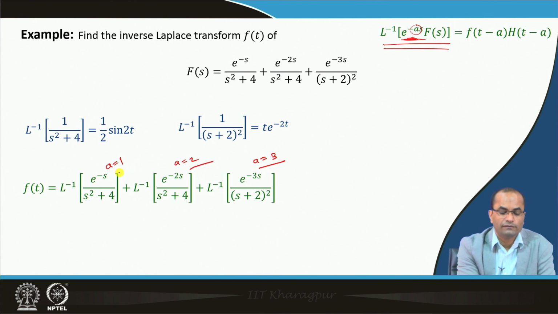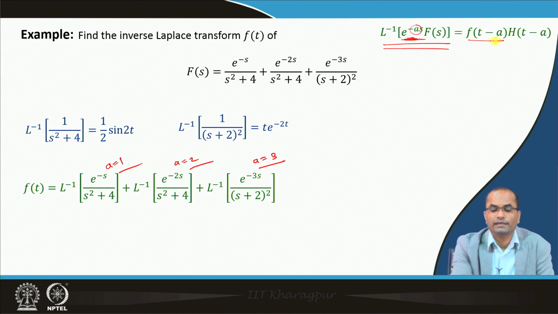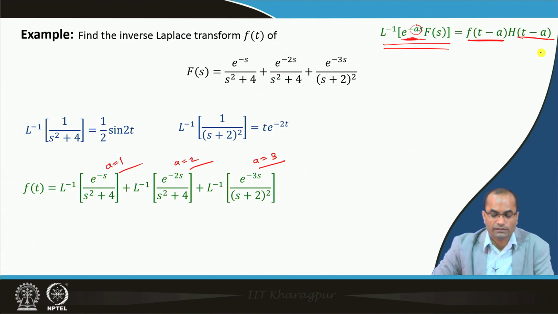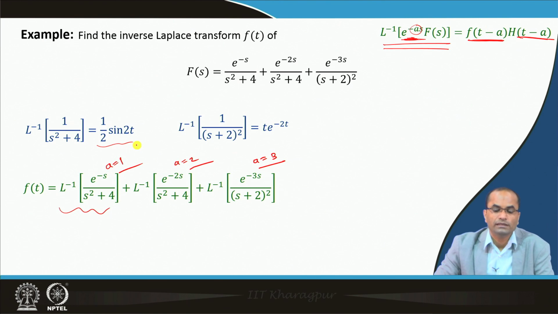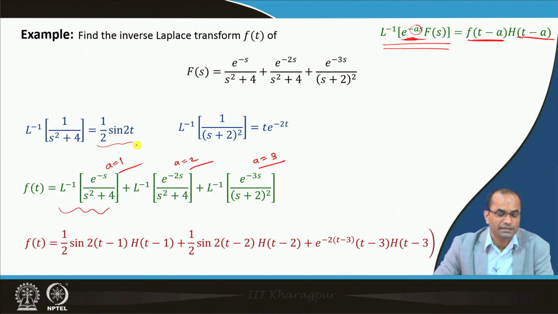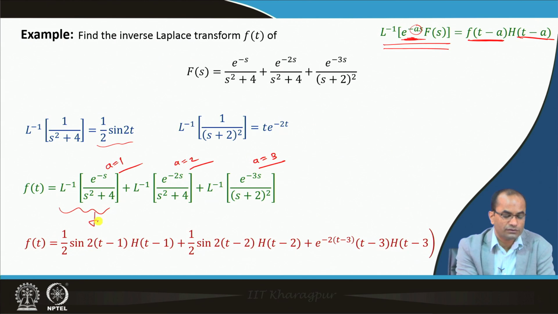So, we can have a direct shift by a in f, multiplied by h(t-a). In this case we know this is half sin 2t, but now t will be replaced by t-1. So the first situation is dealt with as half sin 2(t-1) h(t-1).